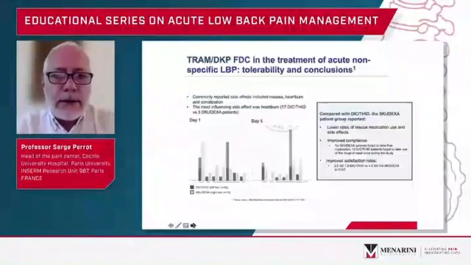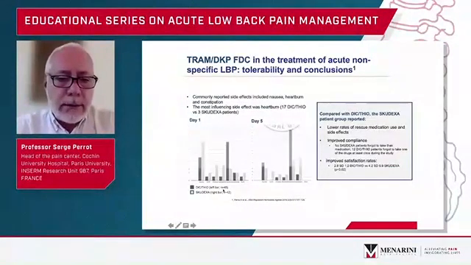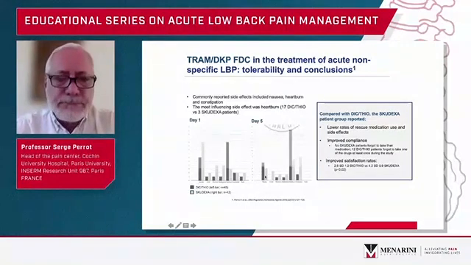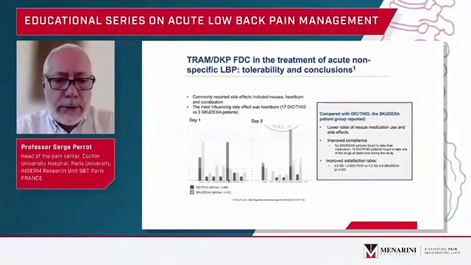Looking at tolerability, you can see an important side effect in the patients taking diclofenac and thiocolchicoside, that's heartburn. There was also some nausea in the Scudexa group, at day 1 and day 5. But as you can see, Scudexa was better tolerated for most of the side effects at day 1 and day 5.